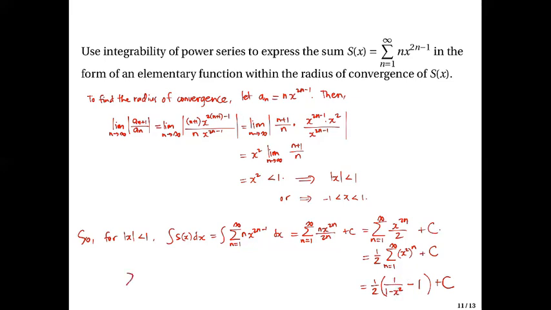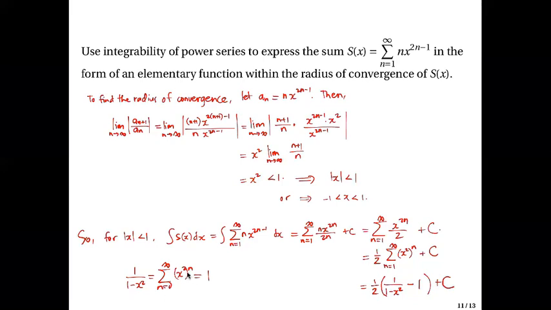Initially, you have the power series 1 over 1 minus x squared, which is the series from n equals 0 to plus infinity of x squared, quantity to the n.